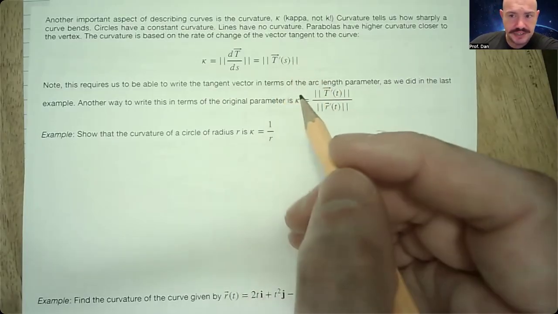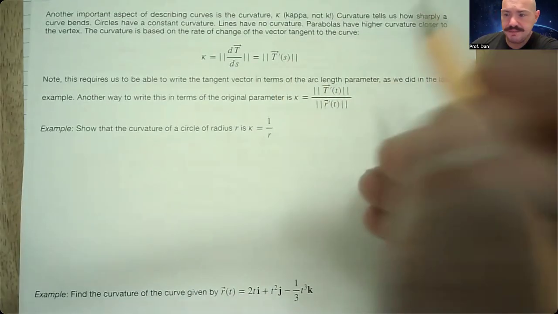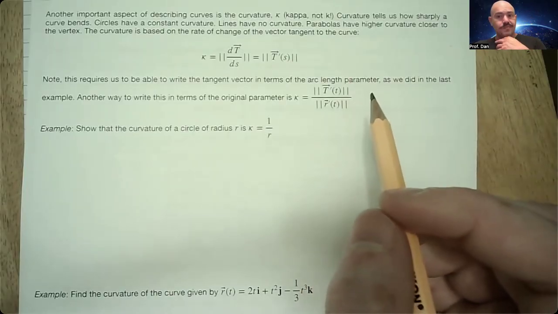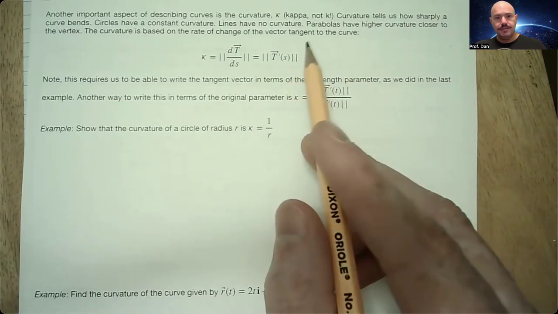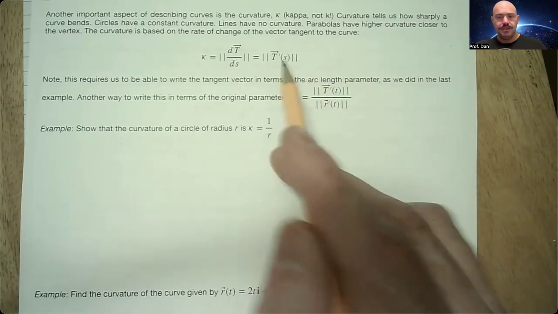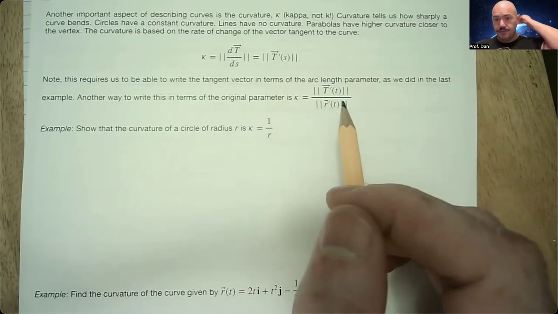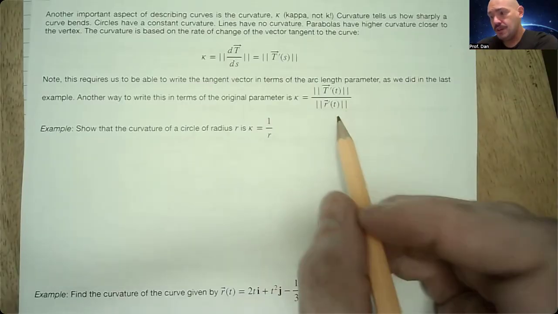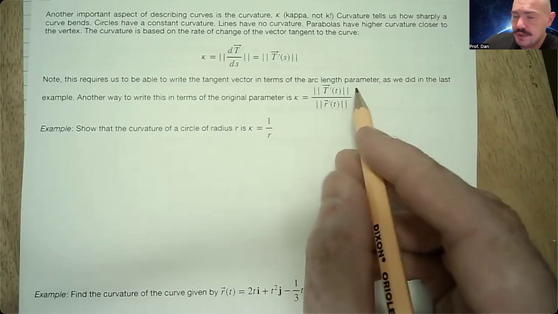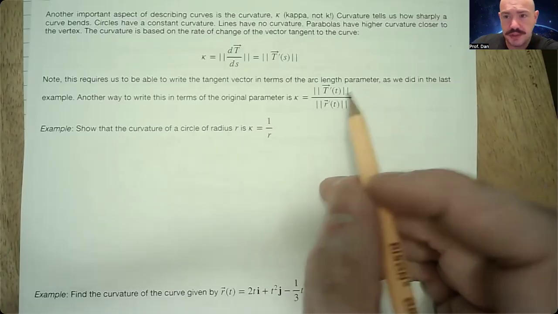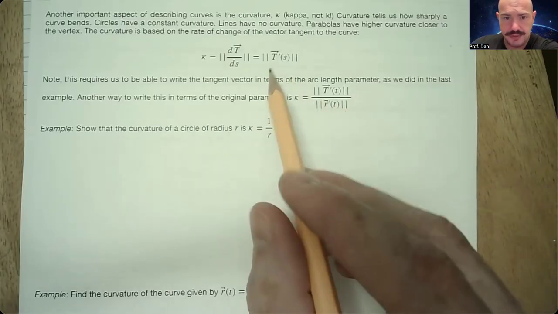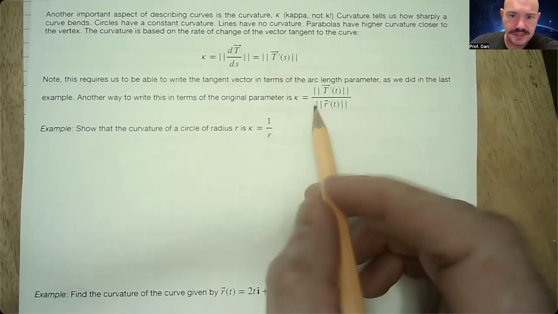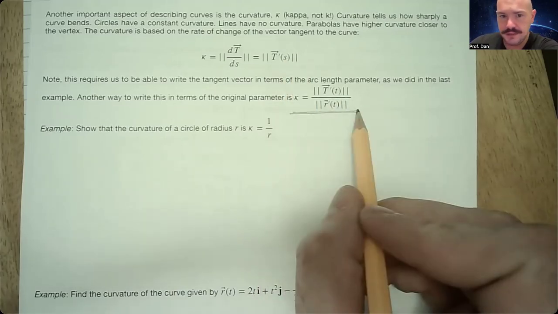Luckily, you don't actually have to do that a lot of the time because there's a relationship between arc length and our unit tangent vector. It involves the r prime, the derivative. So one way that you can find the curvature without having to rewrite in terms of arc length is using this definition here, right?